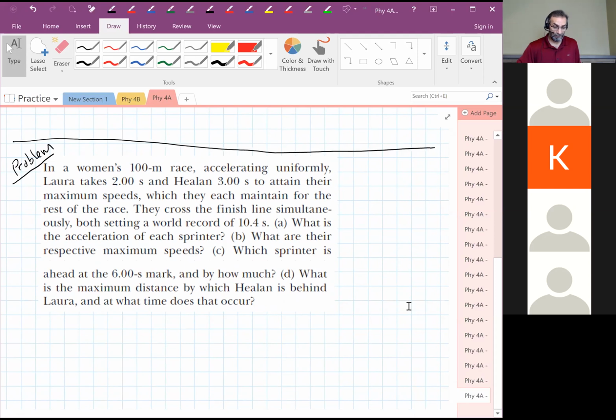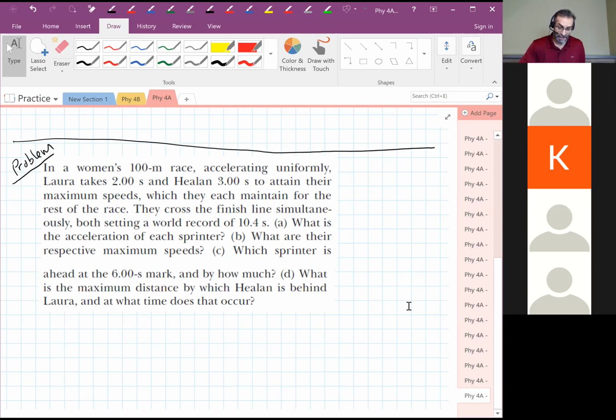So we're given this problem. In a 100-meter race, accelerating uniformly, Laura takes 2 seconds, and Helen takes 3 seconds to attain their maximum speed. Then they each maintain that maximum speed for the rest of the race.